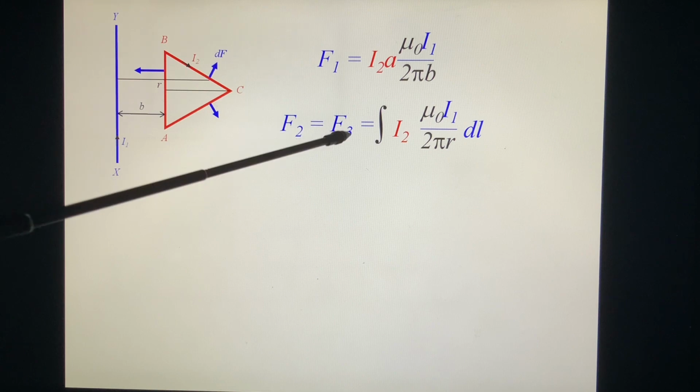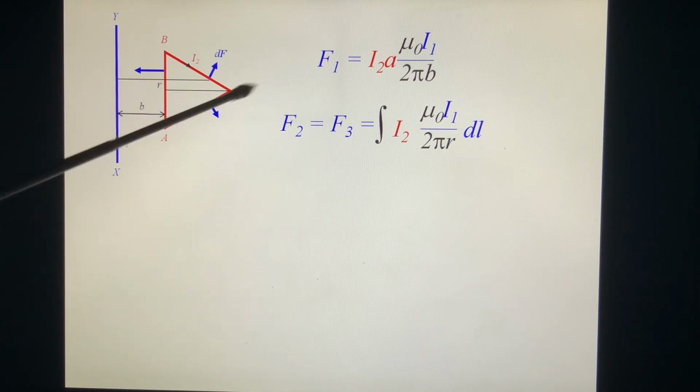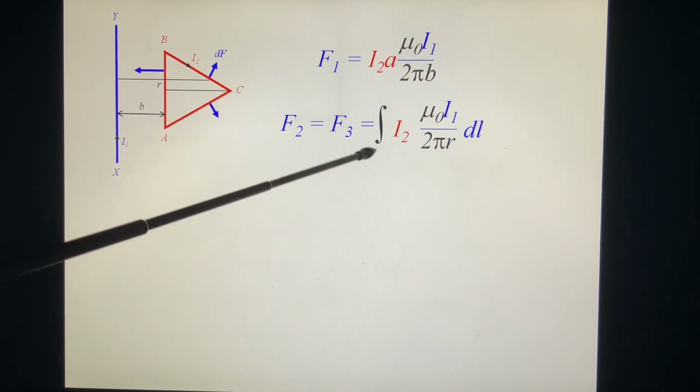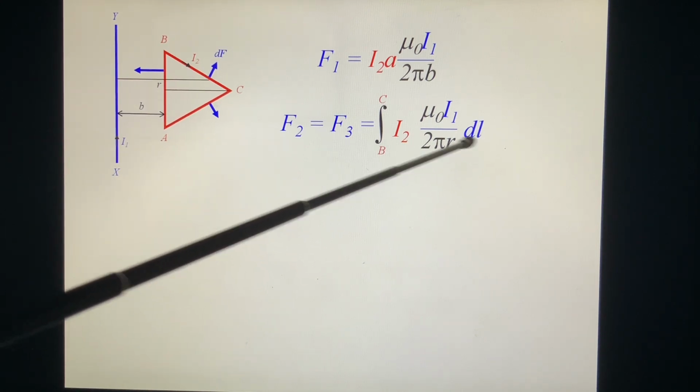The integration should be from B to C. We don't know why, because R is related to the location of dL. Different sections dL have different R. So anyway, I write the integration from B to C; we will rewrite the details later.